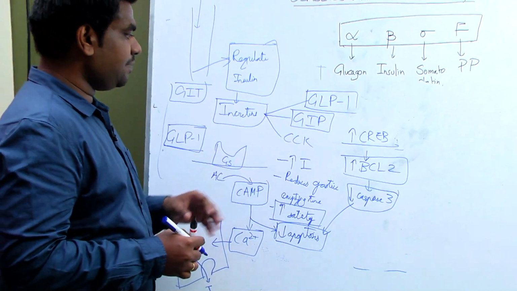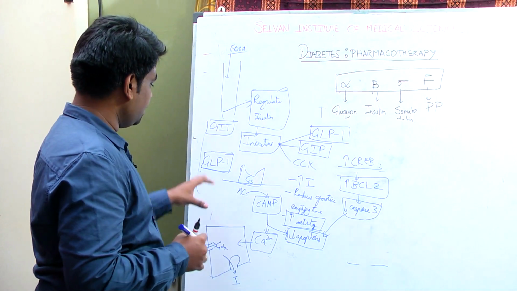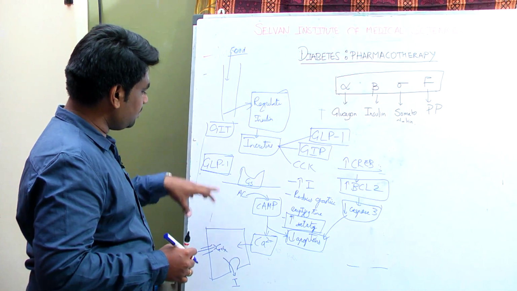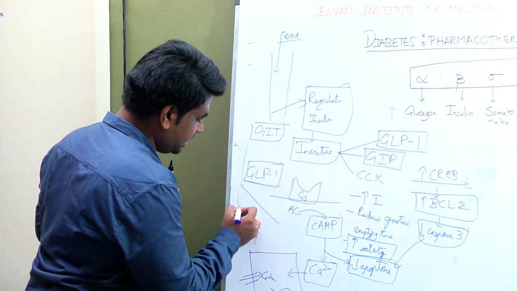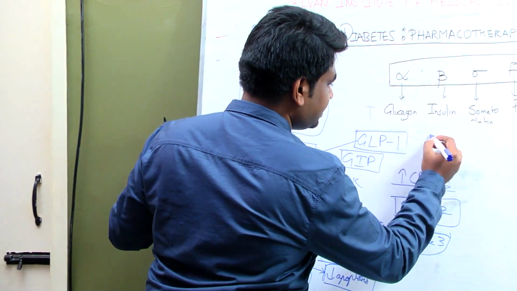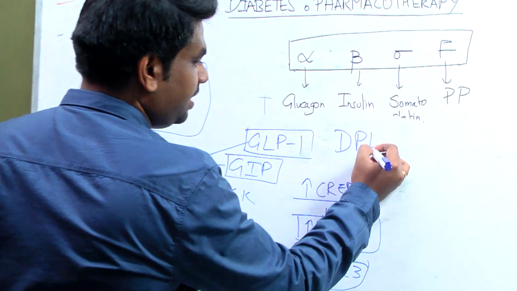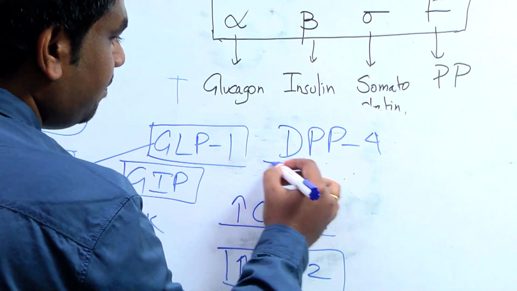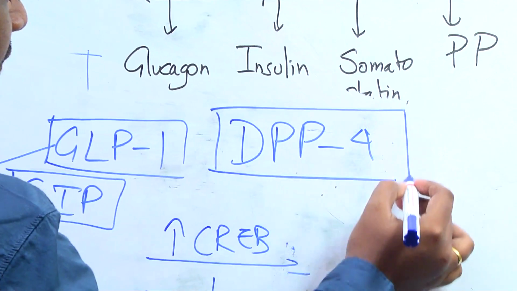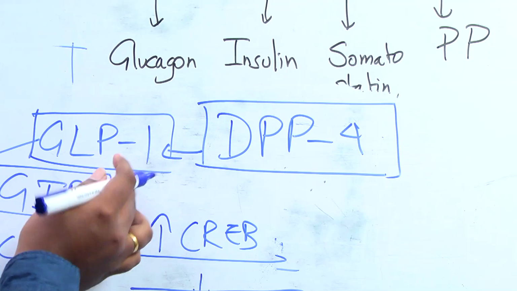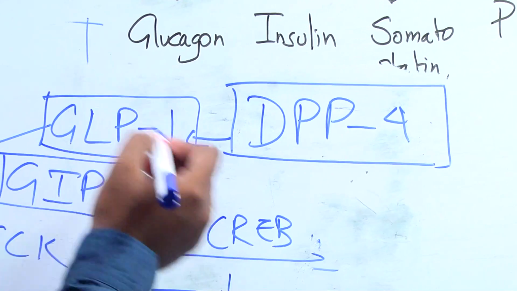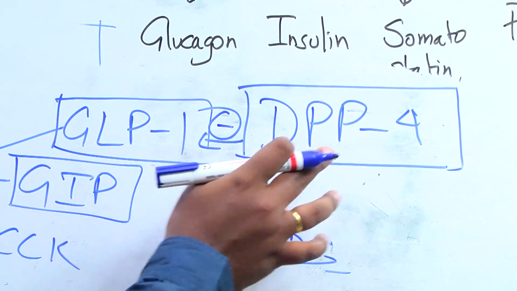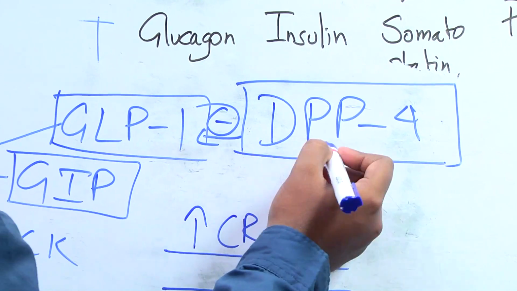And then the GIP also has similar functions, but the half-life of the GLP-1 is very less, and it gets immediately degraded by an enzyme called DPP4, dipeptidyl peptidase 4. So this leads to the metabolism or destruction of the GLP-1. Okay, you should remember this DPP4.